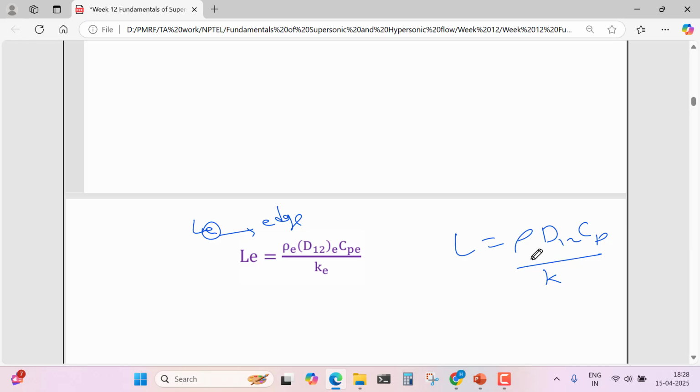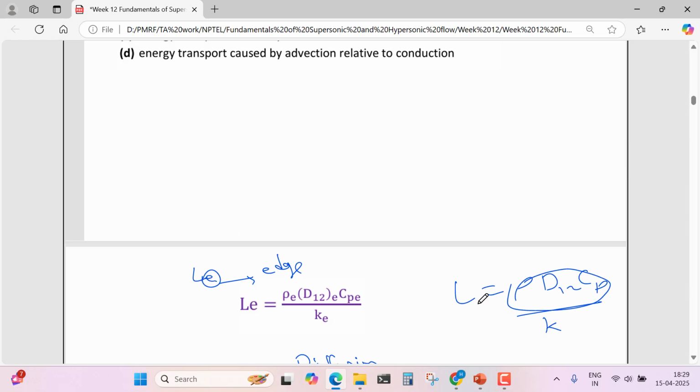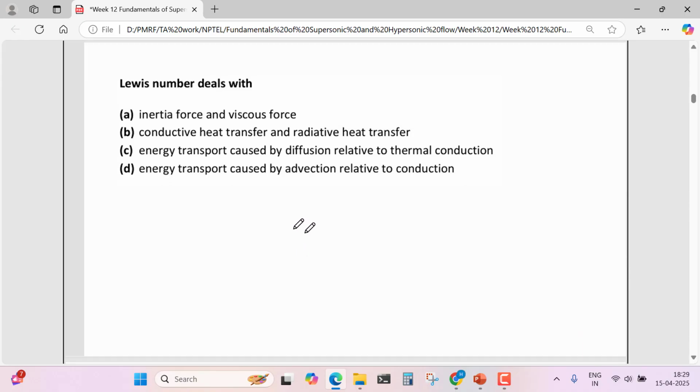You can see the numerator takes the term for diffusion and the denominator takes the term for thermal conductivity. So you can say this is energy transport caused by diffusion relative to thermal conduction. So option C is the correct option.